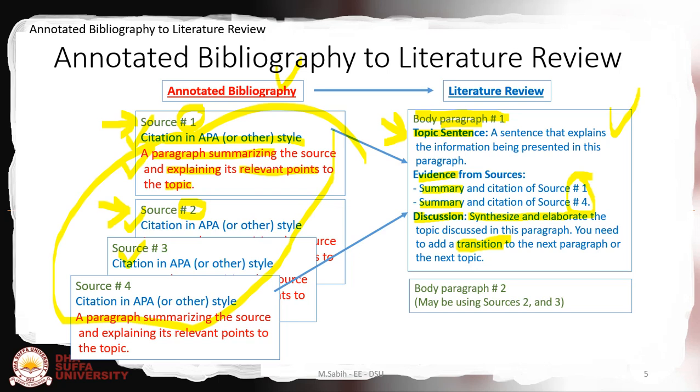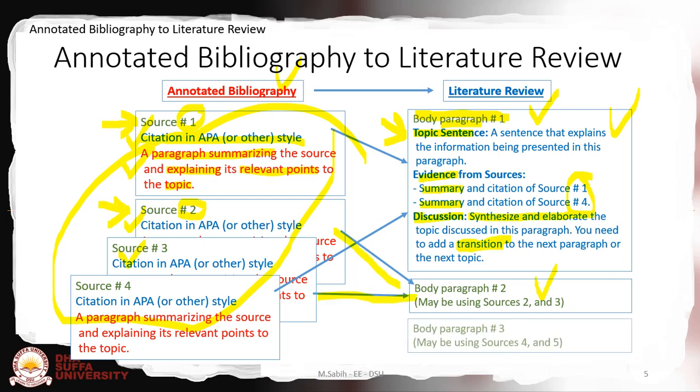So coming back to this literature review, we will have the first paragraph, then the second paragraph. The second paragraph may use source number 2 and source number 3, and then body paragraph number 3 might be based on source number 4 and 5, and so on. In the end we will add the introduction to this literature review and a conclusion.